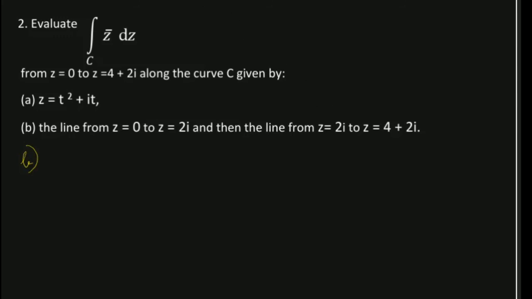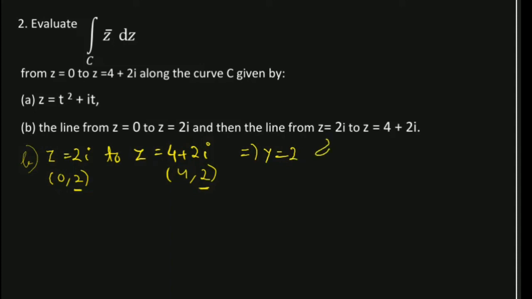Now the second part of B is the line from z = 2i to z = 4 + 2i. Now z = 2i means (0, 2), and 4 + 2i means (4, 2). So we can see that the lower limit and the upper limit of y is the same, that is 2. So y = 2, which implies that dy = 0.